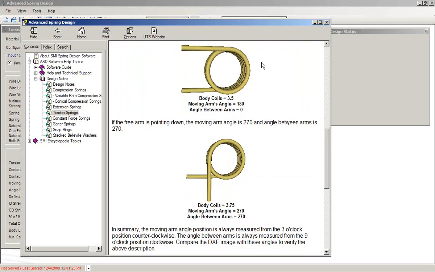And you can see that as we have the arms pointing in the same direction, that being angle between arms equals 0, the moving arms angle is 180 degrees. So instead of being pointed in the 3 o'clock direction, it rotates and is now the 9 o'clock direction. So with body coils of 3.5, we get moving arms angle 180, angle between arms 0.